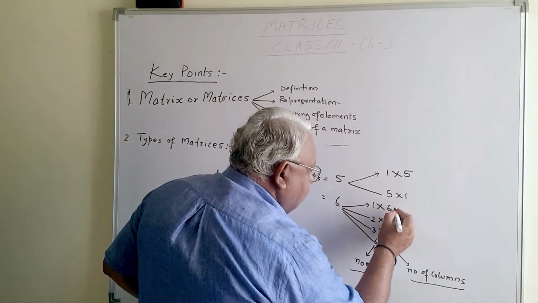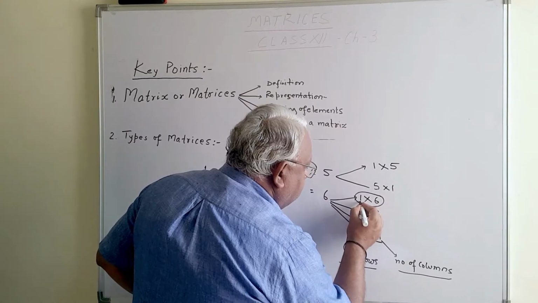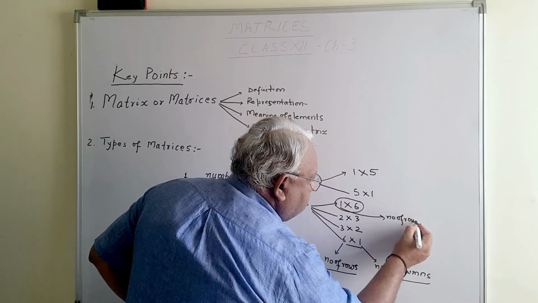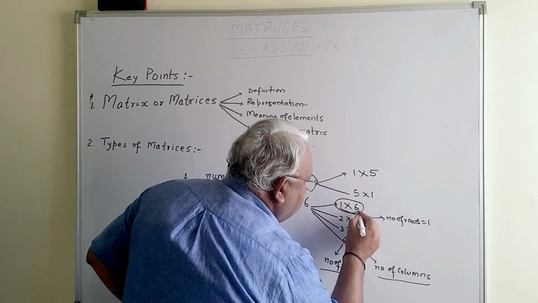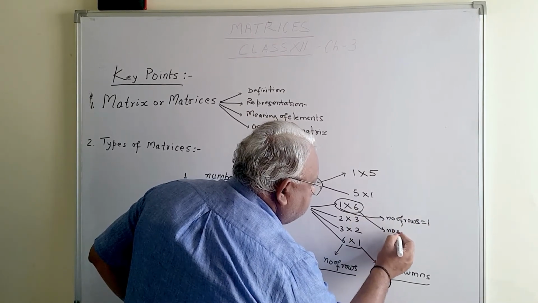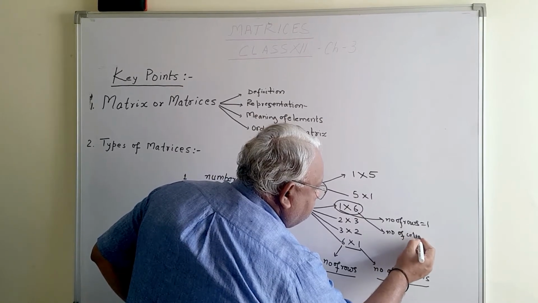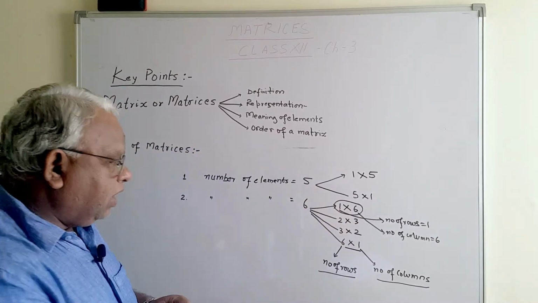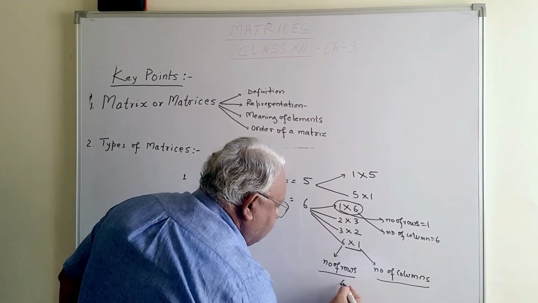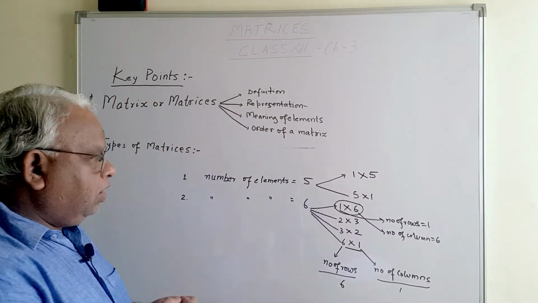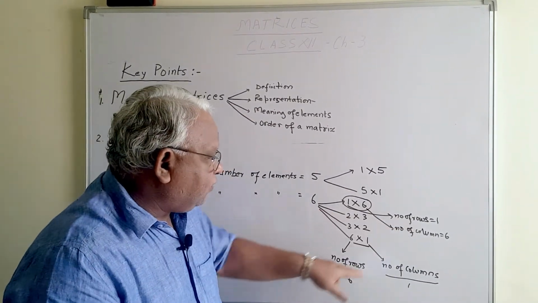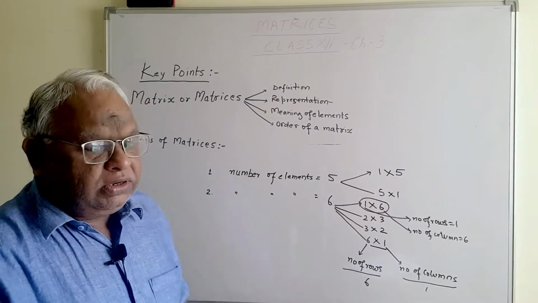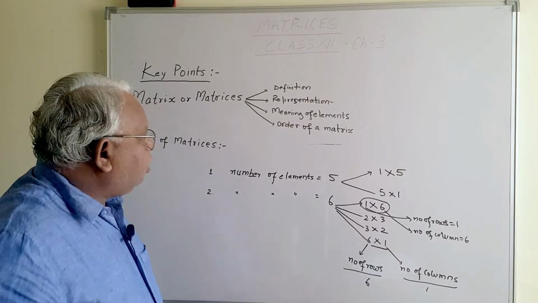But if I take this, here the number of rows is 1 and number of columns is 6. So you can easily understand the basic difference between the two answers. Shall I proceed? Thank you. Let's proceed further.